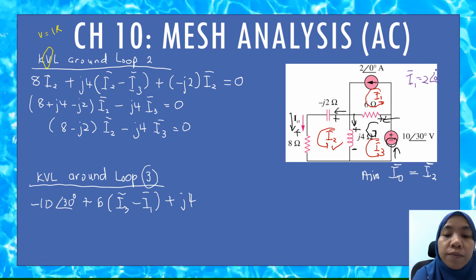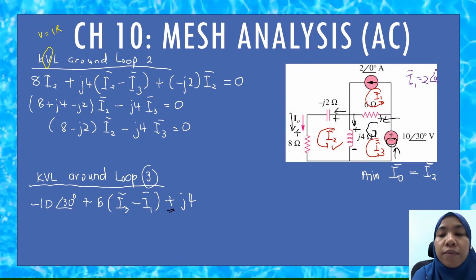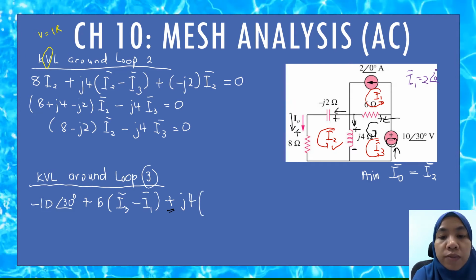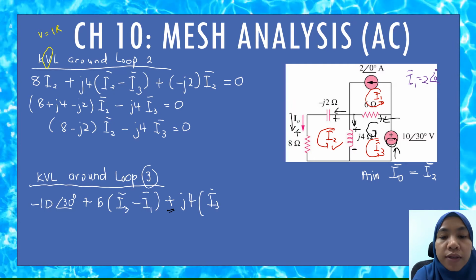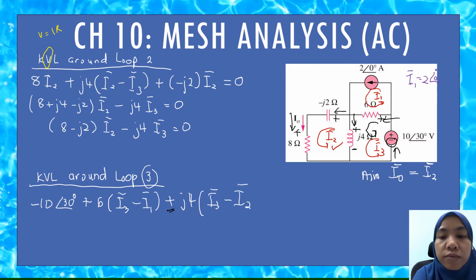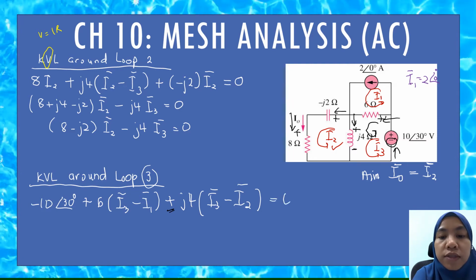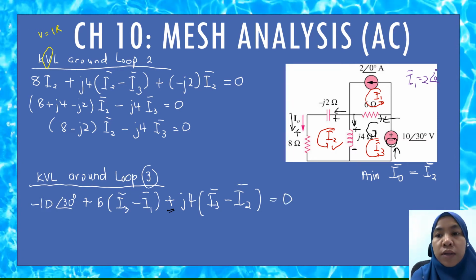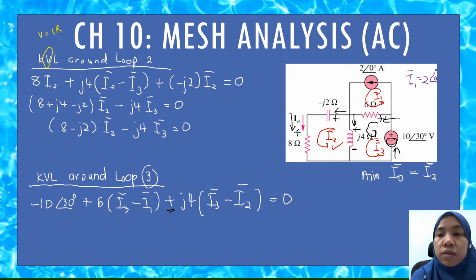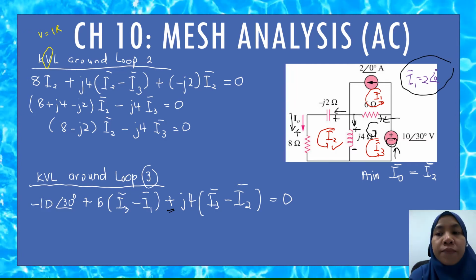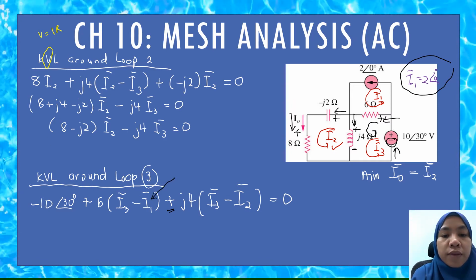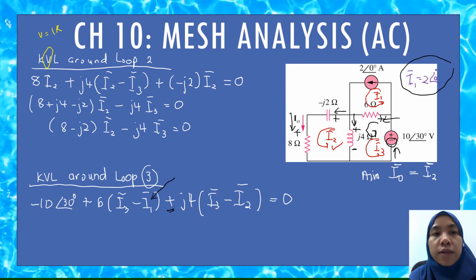So you follow the plus there, then you get plus j4 times I3 minus the opposite current I2, and then equal to 0. Since I1 is equal to 2 with 0 degree, we can substitute into the equation.